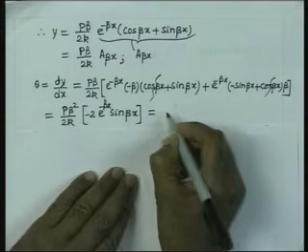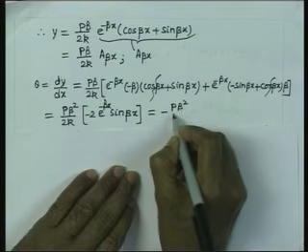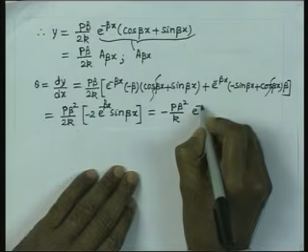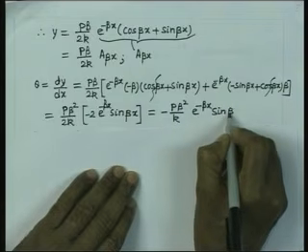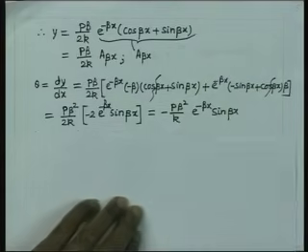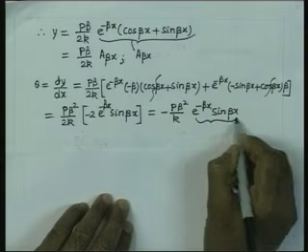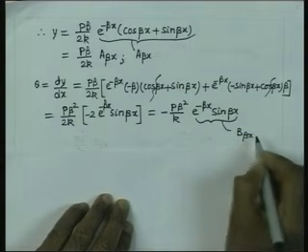So this is represented as p beta square by k e to the power minus beta x sin beta x. Again, this is a standard function, and in fact we represent this as B beta x.